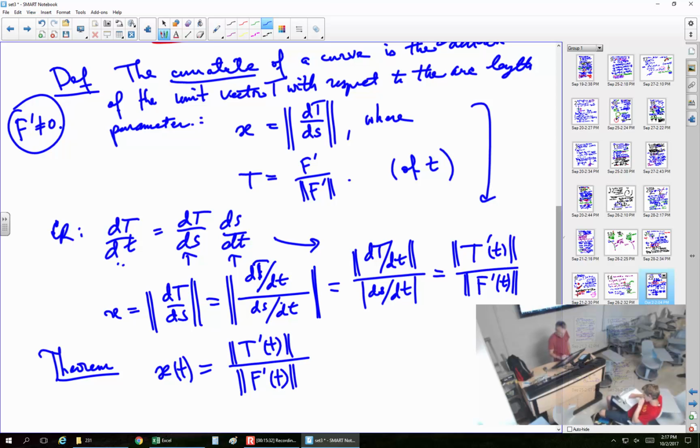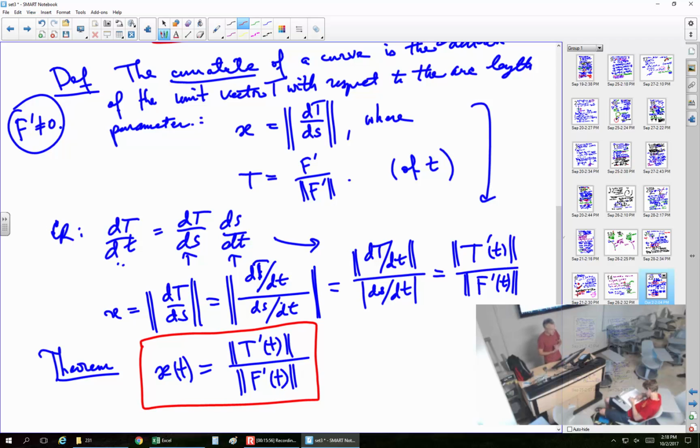That is what we're going to use for the numerical analysis that I started last time. So this is a convenient formula, and we're going to go through and see a few examples of computing, approximating curvatures of a variety of curves.